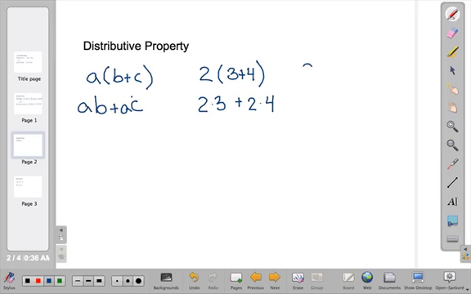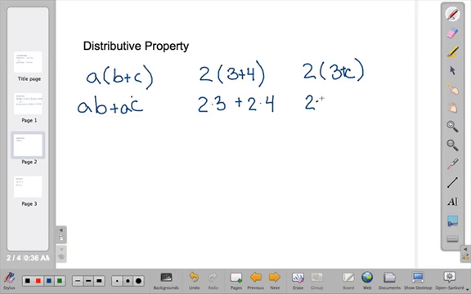Well, sometimes we have situations like this, 2 times 3 plus C. And in this situation, I don't know what 3 plus C is, but I can do the distributive property and distribute the 2 to each of the terms on the inside of the parentheses.